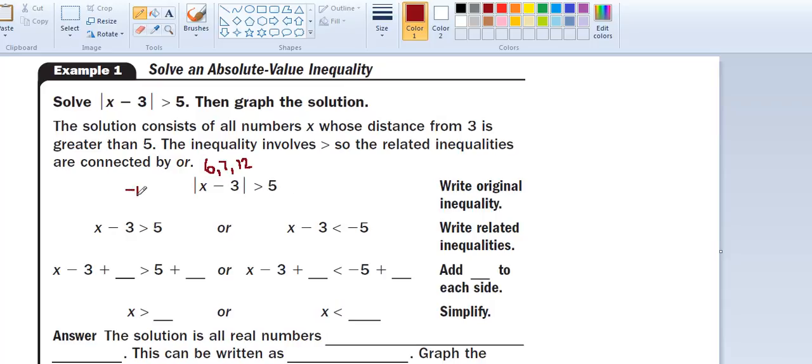For instance, -6, -7, and -12. There are a ton of other possible numbers, but those should fit. That may not be the answer, but if we wrap our brain around this, we're looking for things that are bigger than 5.